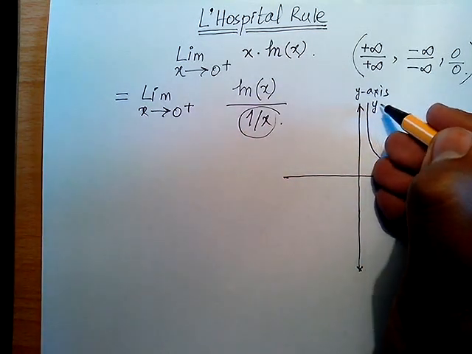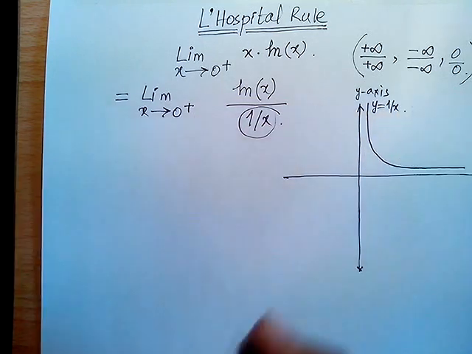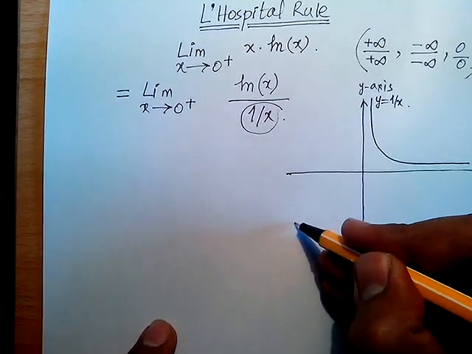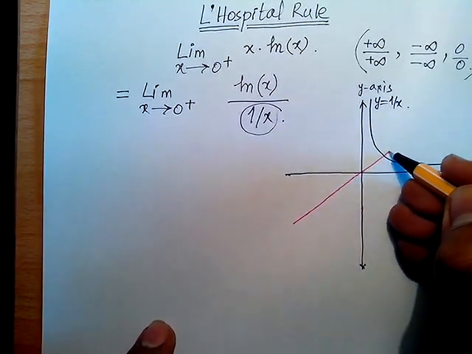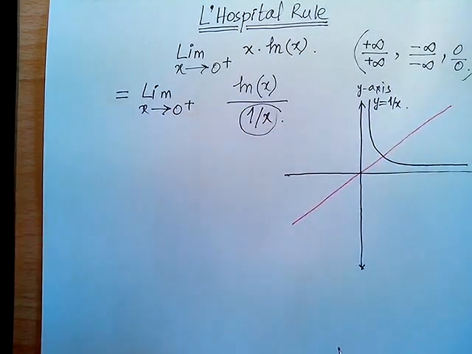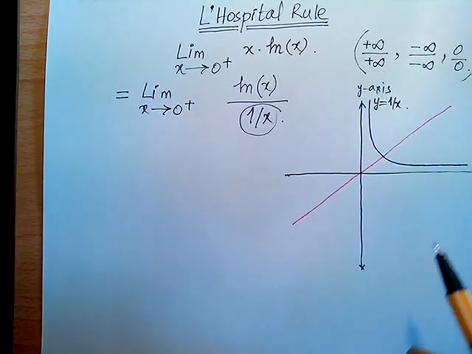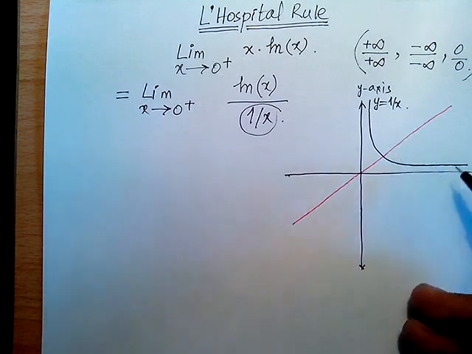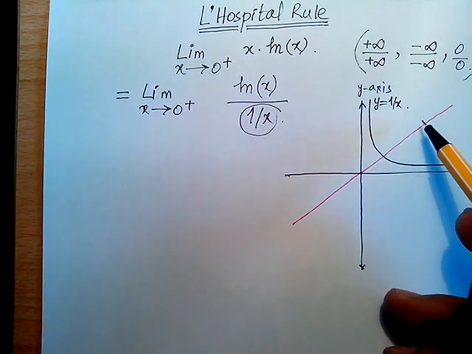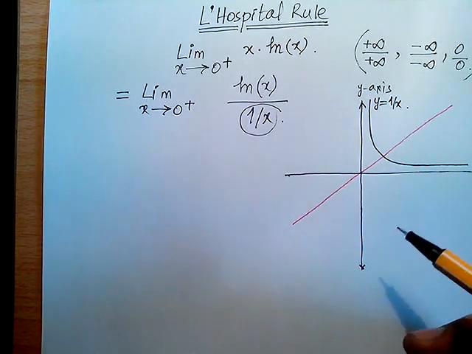So I would write y is 1 over x, and this straight line passes through the origin, which bisects the first and the third quadrant.